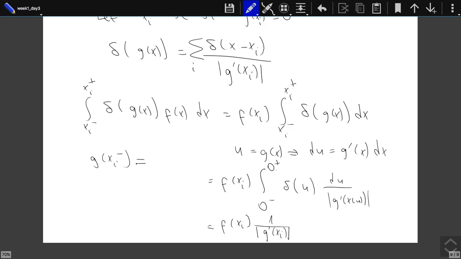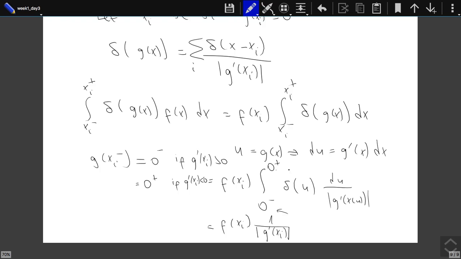We know that g of xi is 0, but if we are slightly to the left of xi, we don't know whether it is slightly below 0 or slightly above 0. It depends on the derivative. If the derivative is positive, in that case, this is equal to 0 minus if g prime at xi is larger than 0, and it is equal to 0 plus if g prime of xi is less than 0.